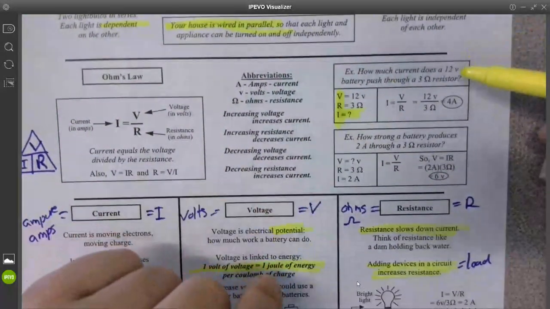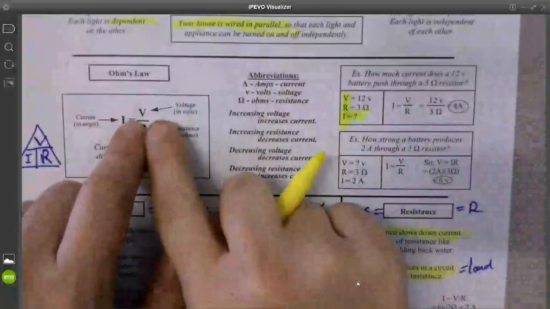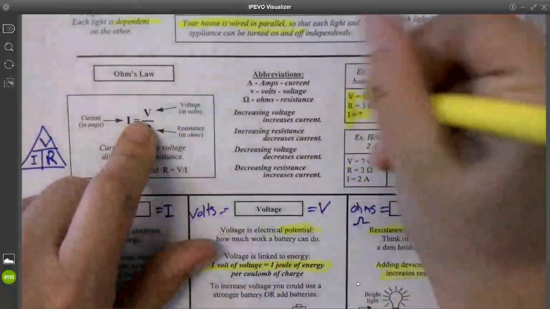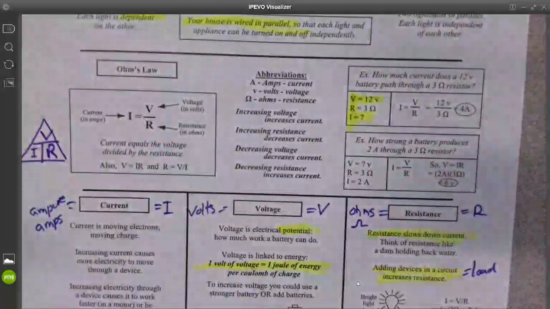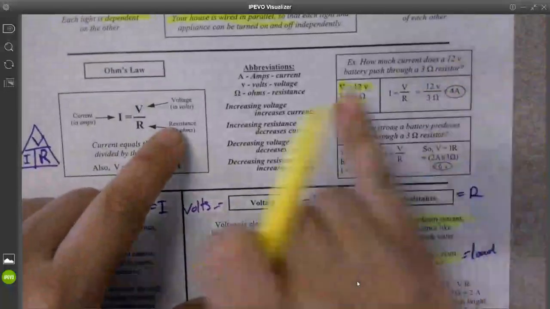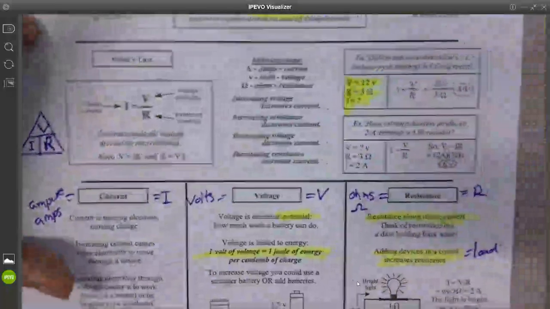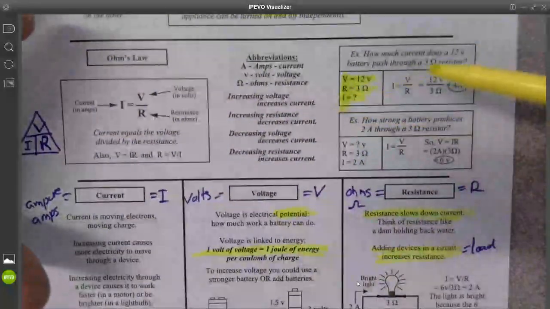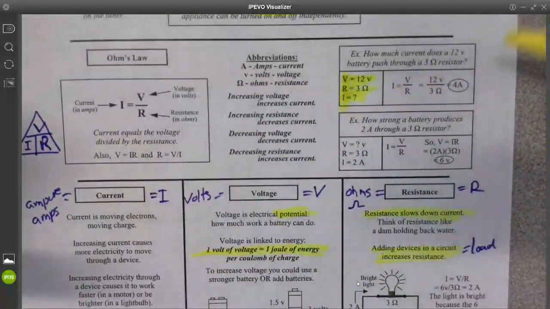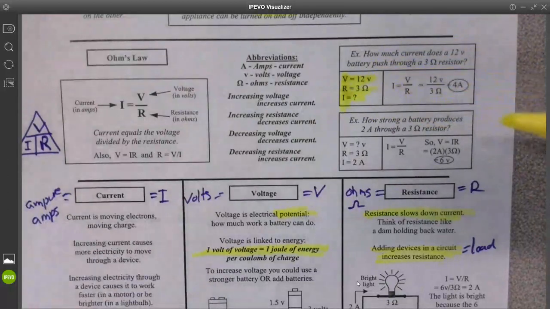Does a 12-volt battery, voltage is measured in volts, so V is equal to 12. R is your resistance, measured in ohms, so push through a 3 ohm resistor. So we've identified all three of our variables. I is our question mark, V is 12 volts, and resistance is 3 ohms.